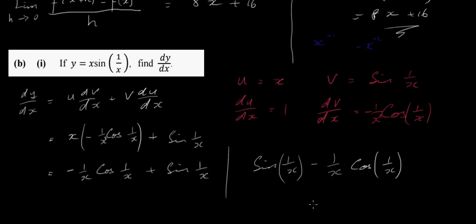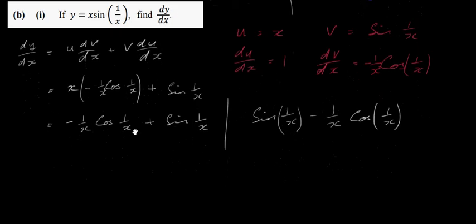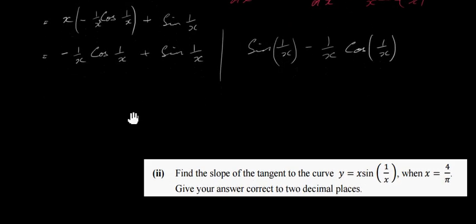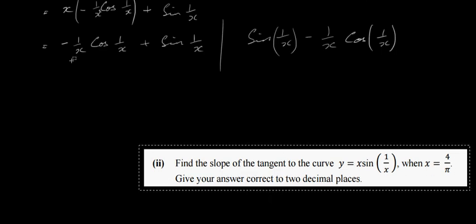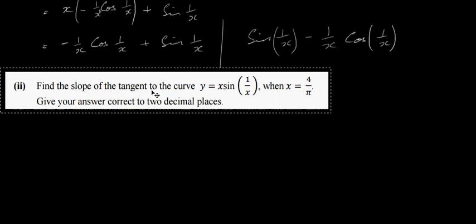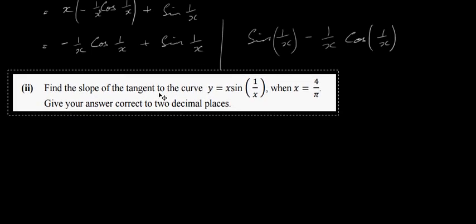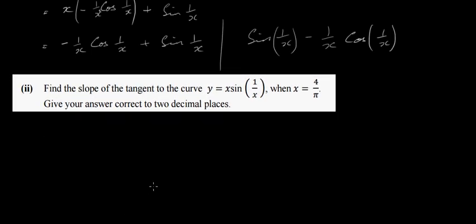Now we're going to use this in the next part, I believe. Let's have a look at that. What we have to do here is find the slope of the tangent to the curve when x is 4 over pi.